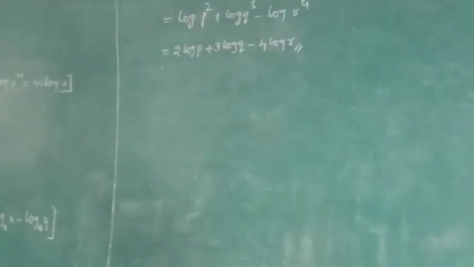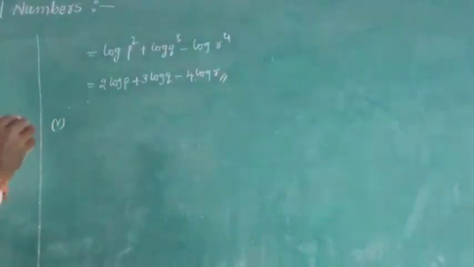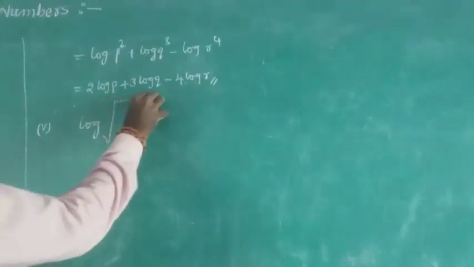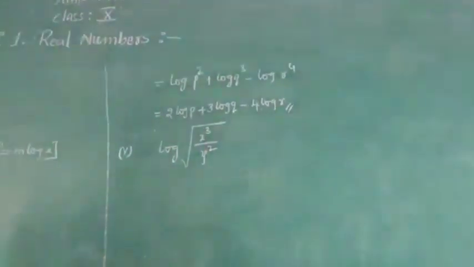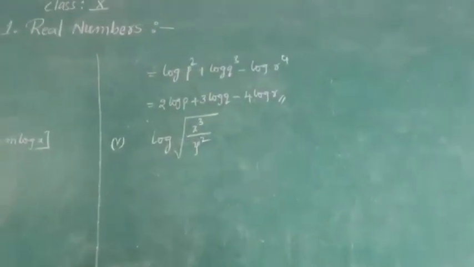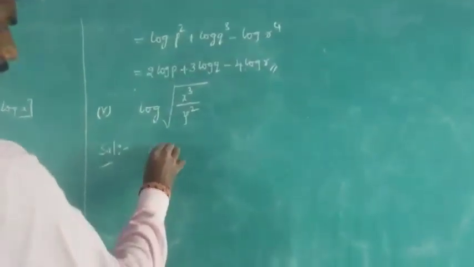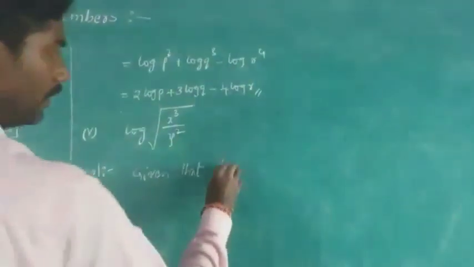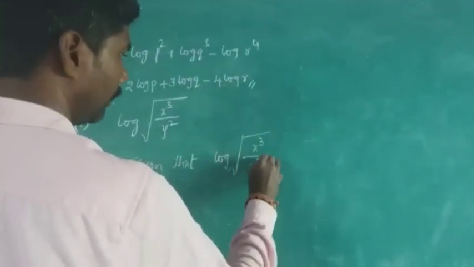Now I would like to explain you the fifth problem. What is the fifth problem? Log of the root of x to the power of 3 by y square. So, solution for it. Given that log under root x to the power of 3 by y square.